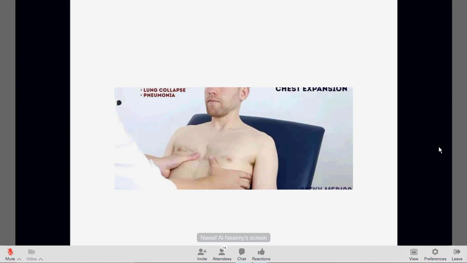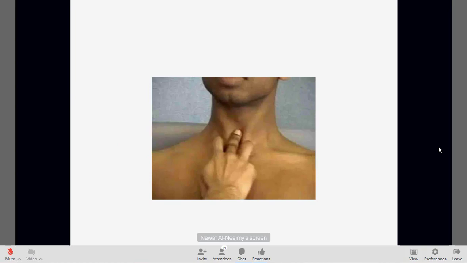These are the things regarding the expansion of the chest.